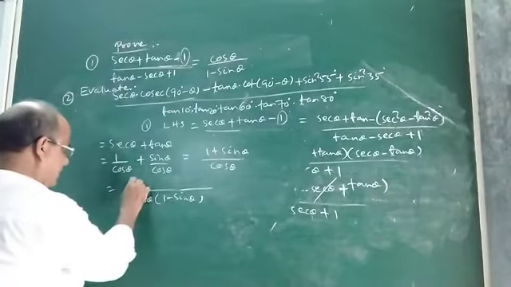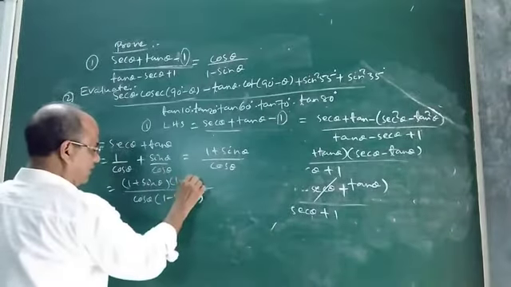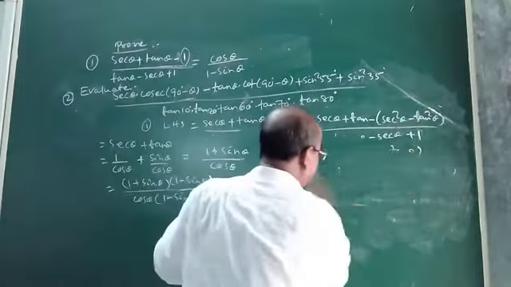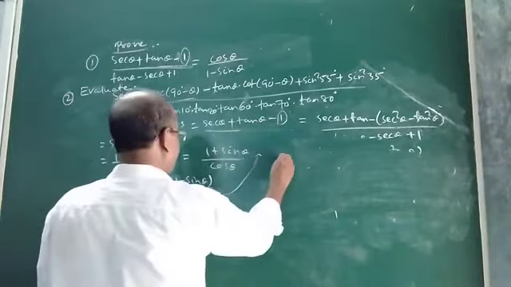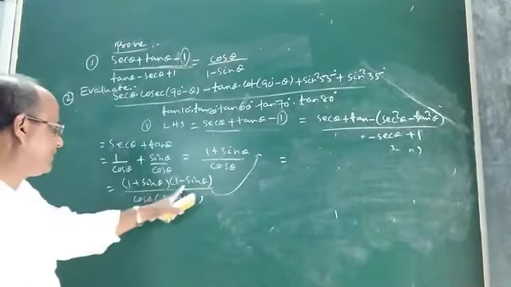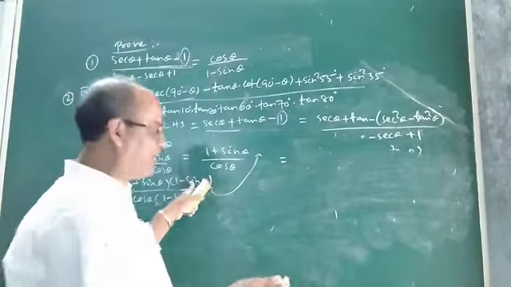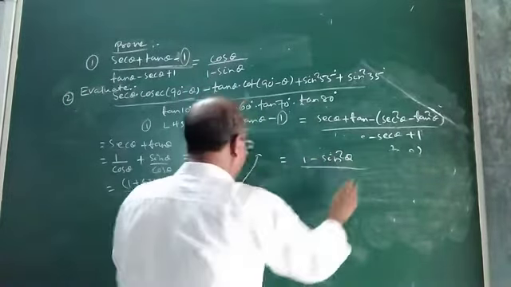Now this is 1 plus sin theta into 1 minus sin theta. It is a plus b into a minus b, that is a square minus b square. So this will be 1 minus sin square theta.